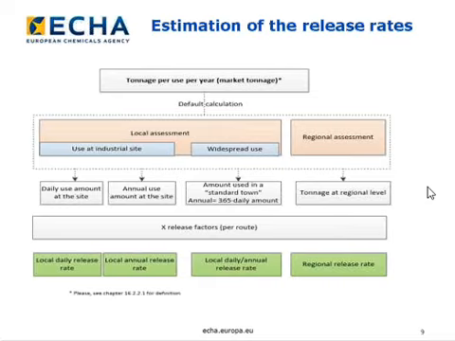Because for each protection target you need a predicted environmental concentration versus an effect concentration. So we will have a local daily release rate based on the daily use amount at the site, and a local annual release rate based on the annual use amount, and so on, with widespread uses and for regional assessment. There are a number of regional and local release rates which are calculated by the tool, or should be calculated if the tool is not used, for predicted environmental concentrations.